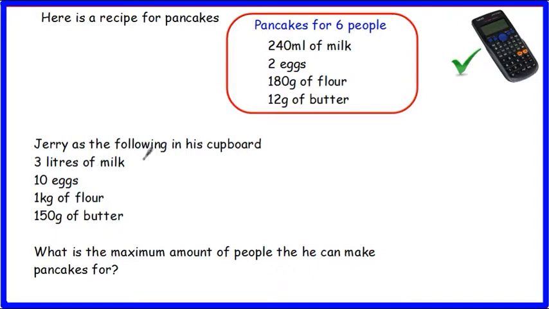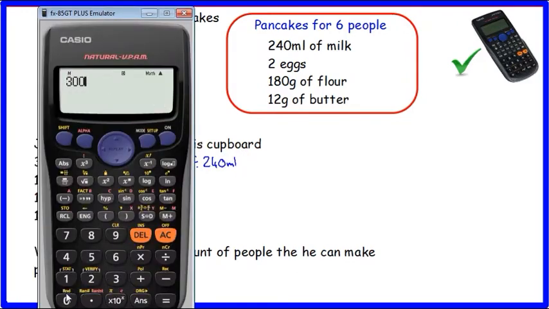So 3 liters of milk is 3,000 milliliters. What I'm going to do is find out how many lots of this goes in here. I'm going to divide that by that. So it's going to be 3,000 divided by 240, which gives me 12.5.